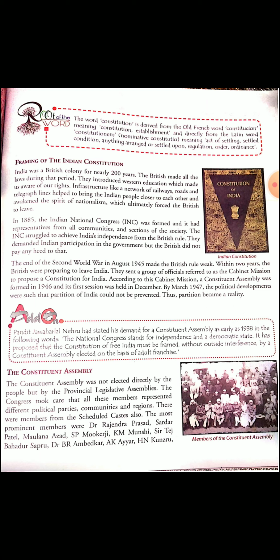So now this cabinet mission, which consists of foreign officials, will be forming a constituent assembly, and this constituent assembly will consist of Indian leaders, and this body will frame the constitution for India.